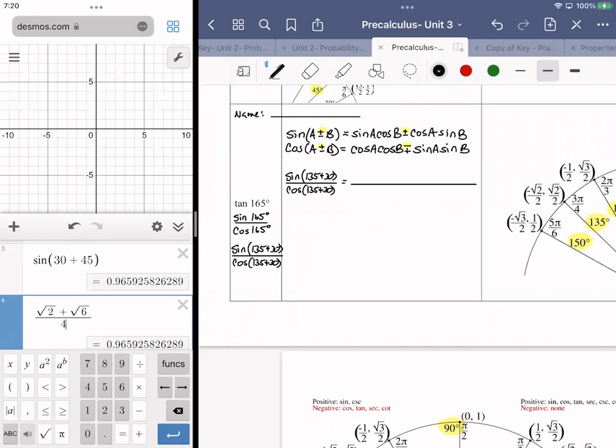And so we'll be looking at sine 135 cosine 30 plus cosine 135 sine 30. Then on the bottom, cosine of 135 cosine 30 minus sine 135 sine 30.